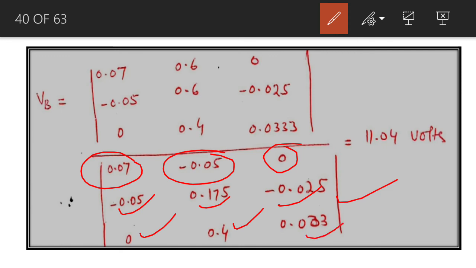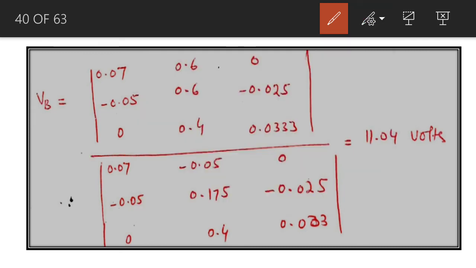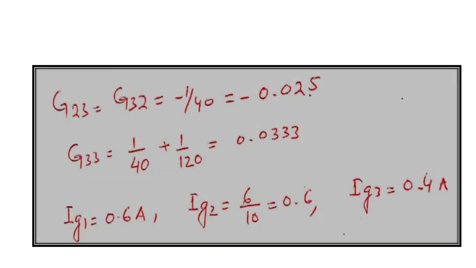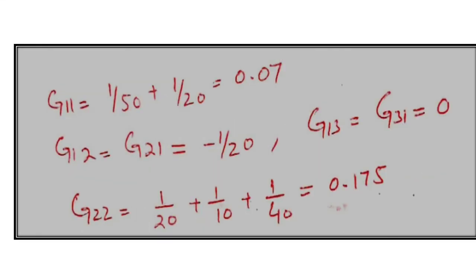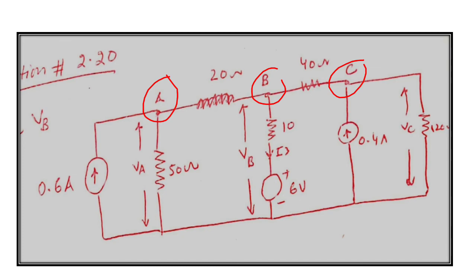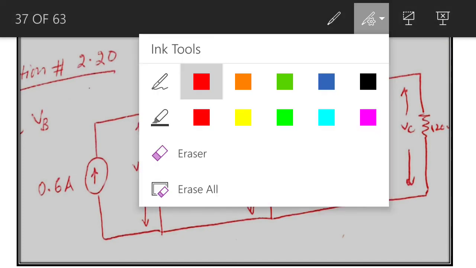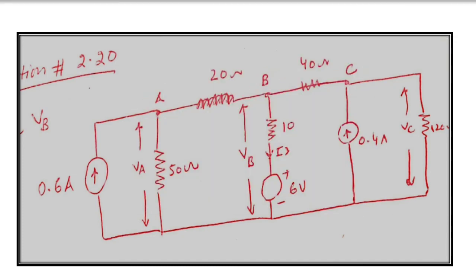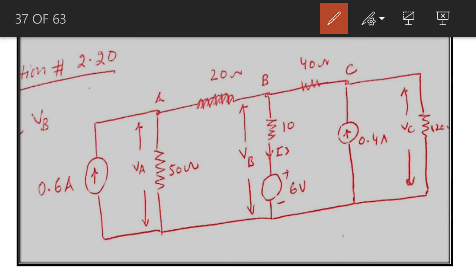So anyhow, we are going to calculate G11, and you see G11 is 0.07. So for the calculation of G11, we consider all the resistors which have been connected to node 1. You see 2 resistors have been connected to node A. Here is node A, this resistor of 50 ohm and this resistor of 20 ohm.